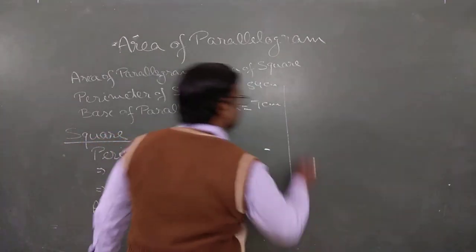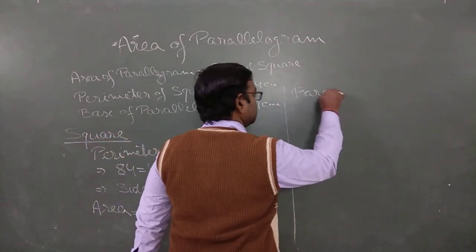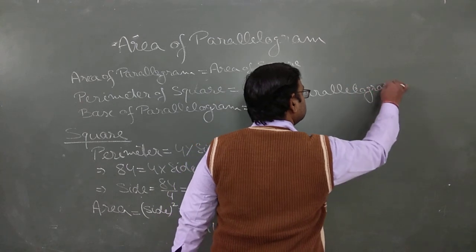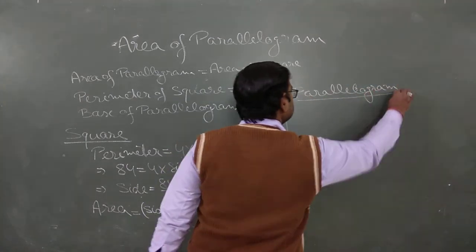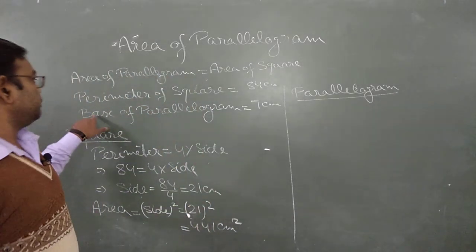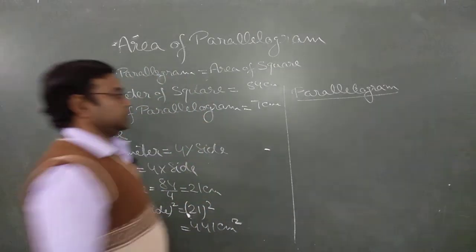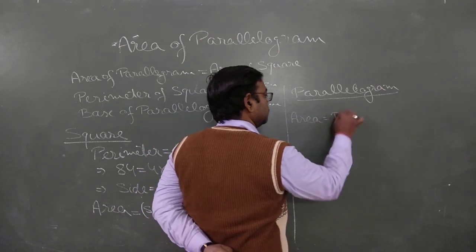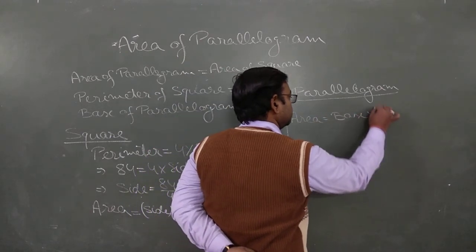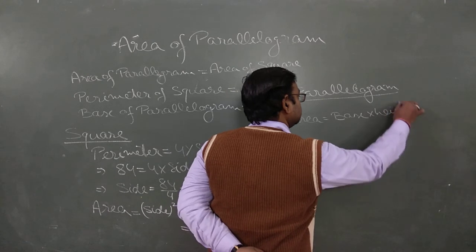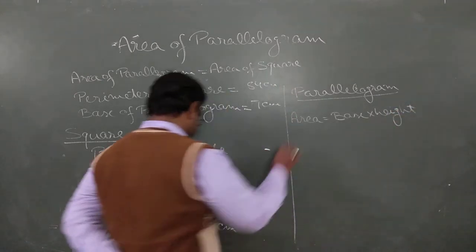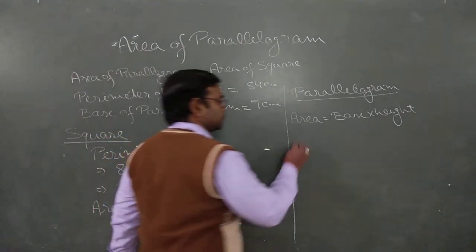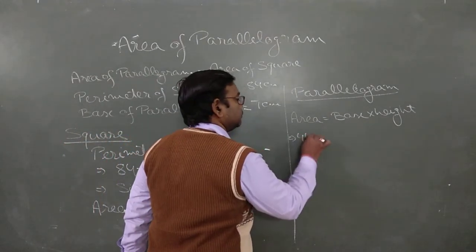Now come to this side. As we know, in case of parallelogram, now come to the point. Parallelogram, base of parallelogram given 7 centimeter. So area equals to base into height. Question asked to you about height. So area is the same as square, it's 441.